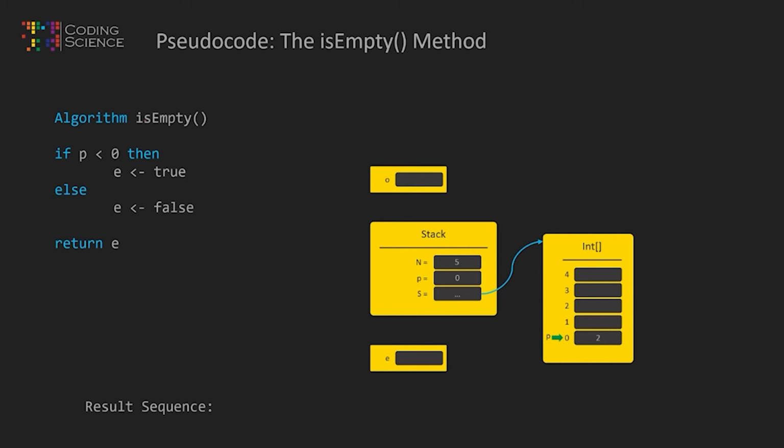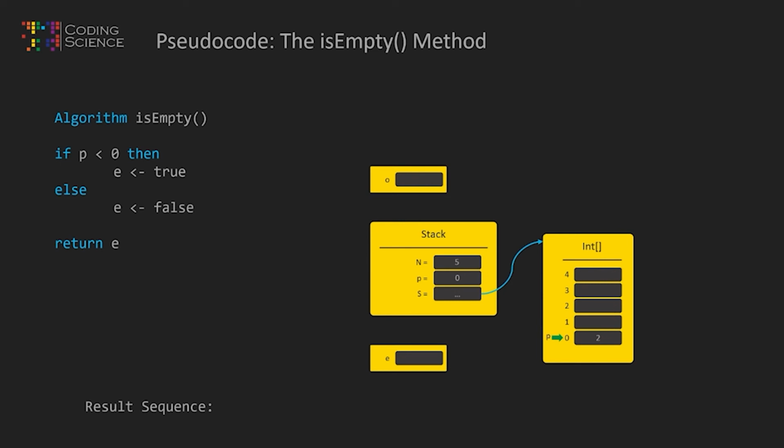So let's call our function. We call the isEmpty method. Now we're using p to see if we are empty or not. We're not checking any values. We don't go through the array because p is always on top of everything.